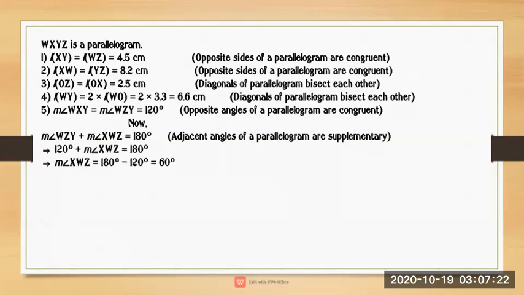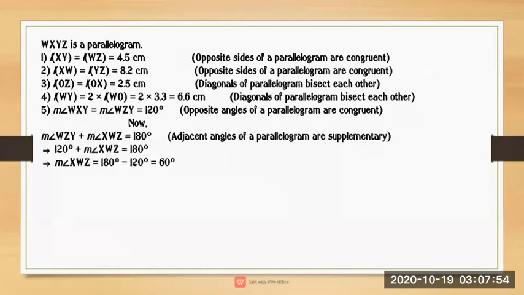So we will write it as it is: angle XWZ equals 180 degree minus 120 degree, because when the plus 120 moves to that side, it becomes minus 120 degree. So as we subtract 120 degree from 180 degree, we get the answer 60 degree.